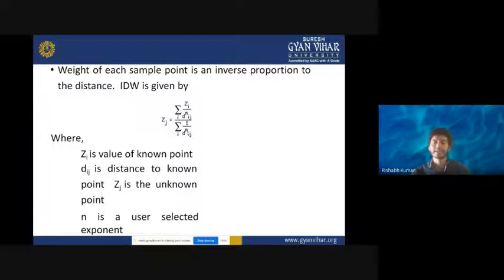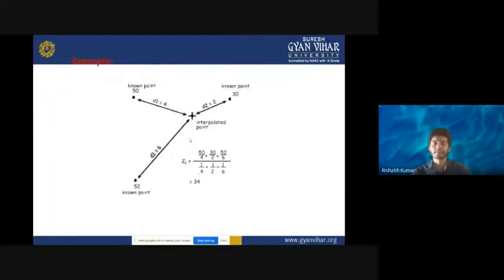Okay, कि आपने n की वैल्यू पावर कितनी देनी है. यहाँ पर n की वैल्यू 1 है, that is why यहाँ पर just 4 है, just 2 है और 6 है. If it was n equal to 2, then here the weightage would be 4 raised to power 2, 2 raised to power 2, 6 raised to power 2.